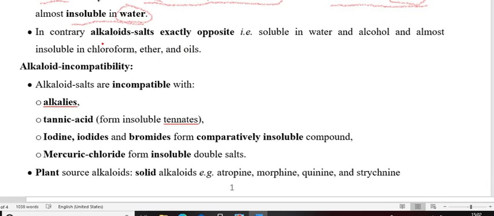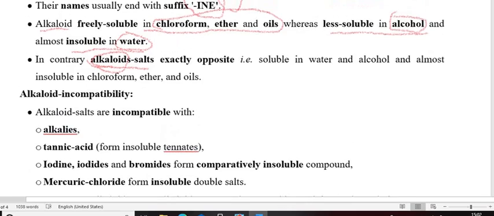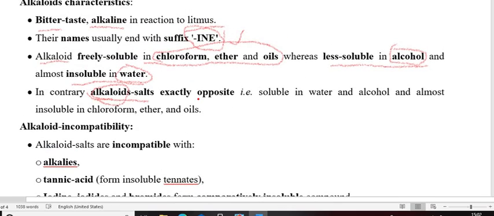Another property is that because alkaloid is basic in nature, it is going to combine with an acid. When an acid reacts with the base, a salt is formed, and we are going to call it alkaloid salt. But their solubility is just the opposite.